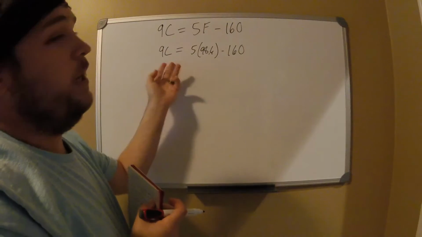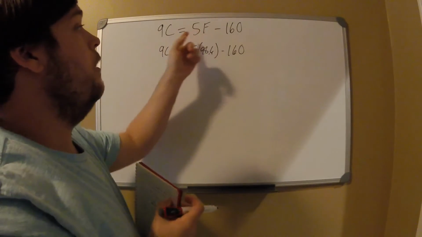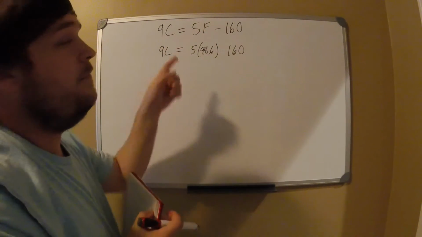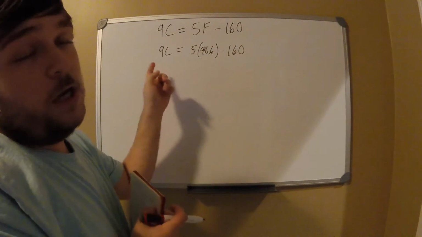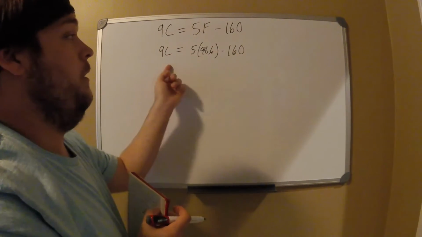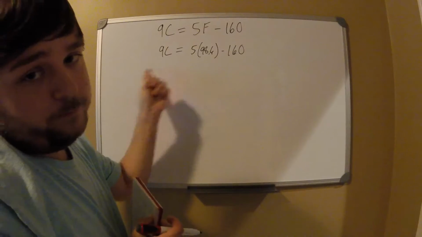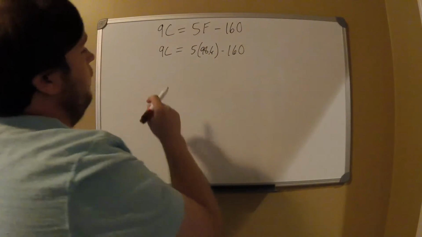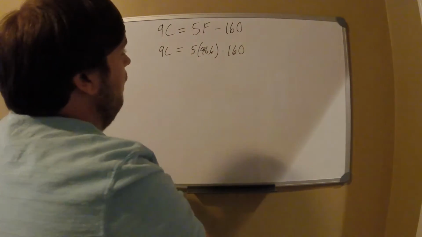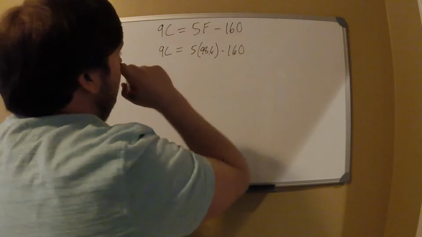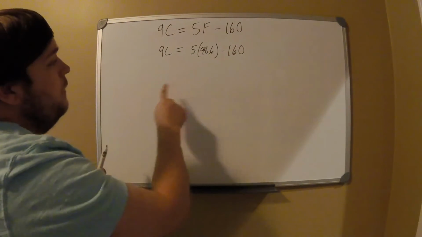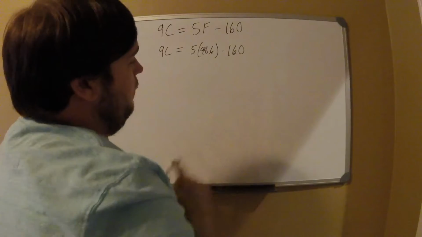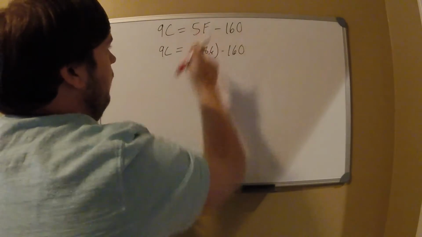And that's another key factor, is that you have to be left with one. A lot of these equations are going to have more than one unknown, but somewhere in the problem it's going to give you all but one of the unknowns. You just got to know where to plug in those unknowns to leave you just with one. So if it tells you that the body temperature is 98.6 degrees Fahrenheit, you're going to plug it in where the F is.